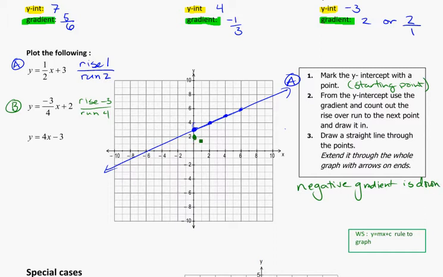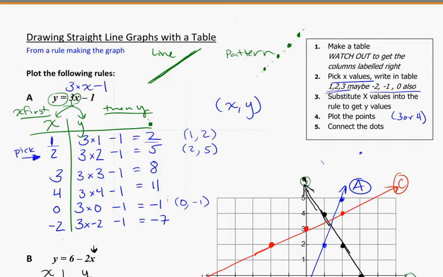So from my y-intercept, I'm going to go down 3, because it's -3, 1, 2, 3, and then over 4, because it's a run of 4, 1, 2, 3, 4. So again, I've gone down 3 steps from my y-intercept, and I go over 4. Now that I've got my 2 points, I can just go straight to drawing on the line. Oops.